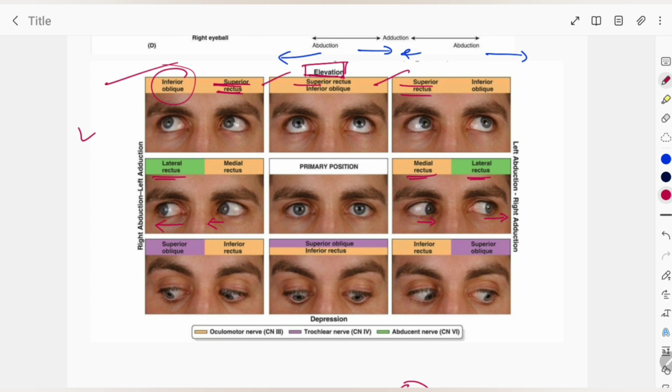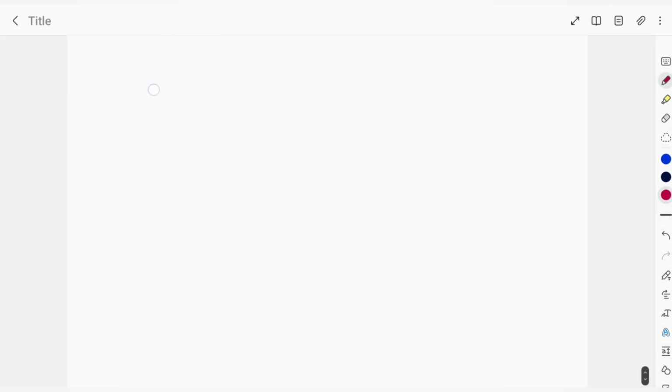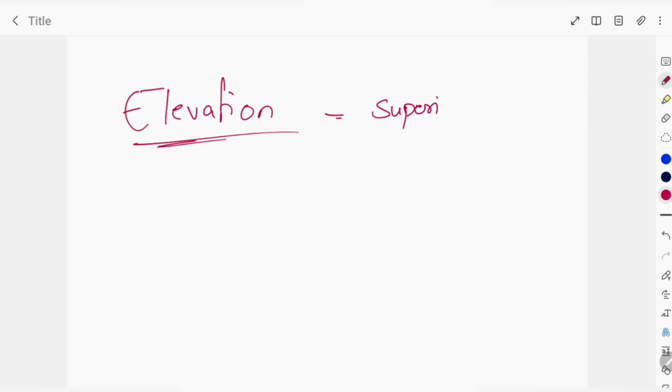Here also the person is seeing upwards in the 12 o'clock position, this is the inferior oblique. And towards the right side, if the person is seeing in the upward direction, inferior oblique is coming in picture. So for the elevation, the muscles required are superior rectus plus inferior oblique.